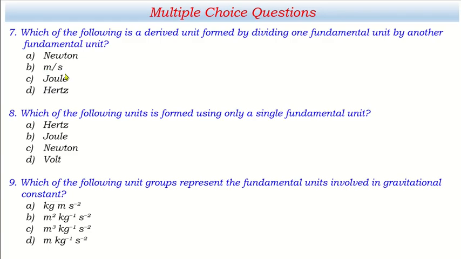That's why one fundamental unit is divided by another fundamental unit. This is the correct option. But joule, Newton meter is joule. We know that the Newton can be expanded to kg meter per second square, multiplied again by meter. That's why this is not, and Hertz is also not. In Hertz only one fundamental unit is involved. That's why we have to take number B.